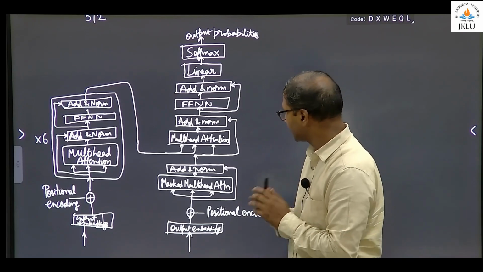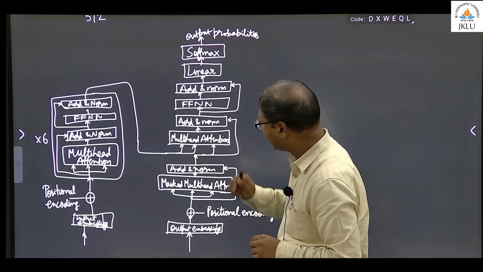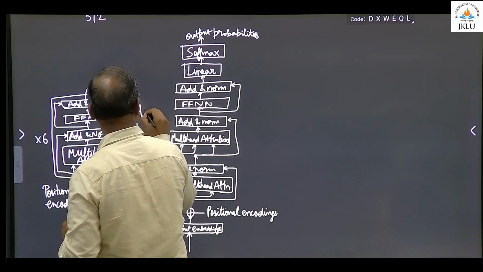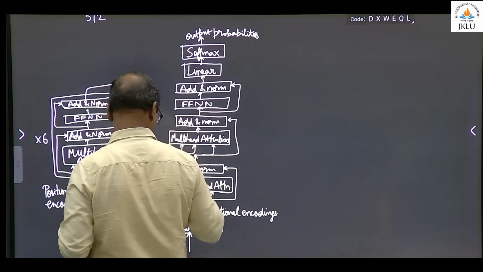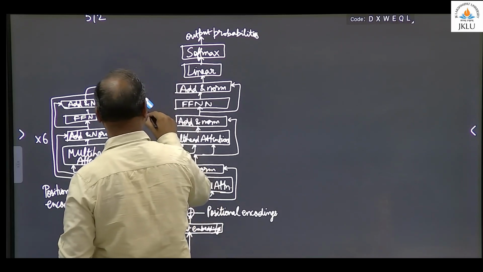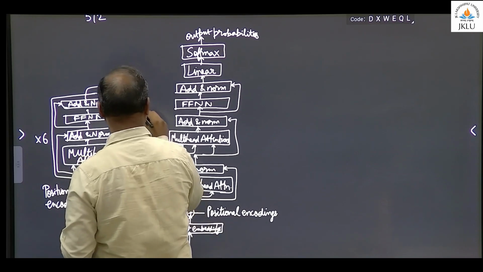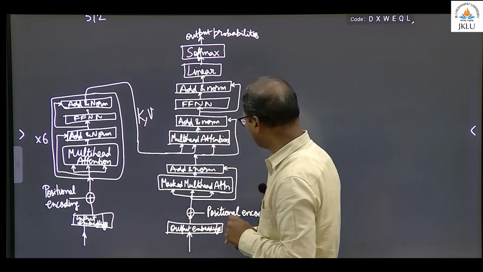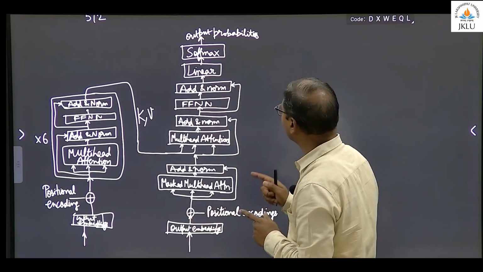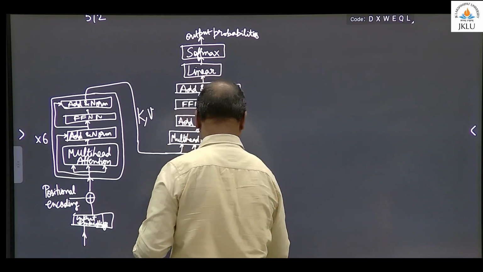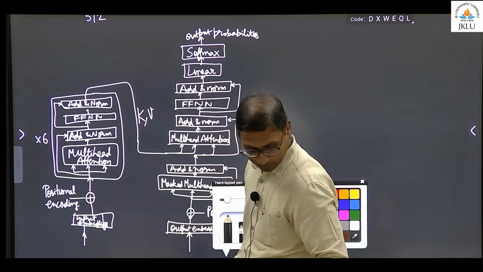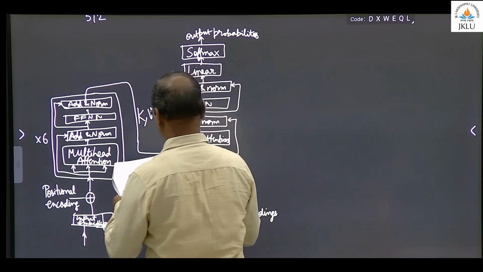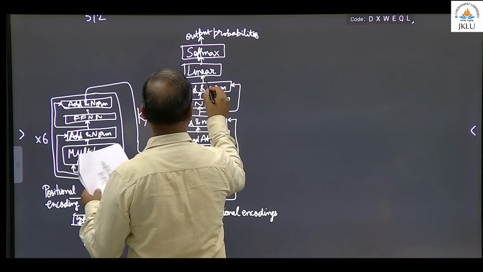Now, this thing is not connecting here. So what you have is Q and sorry, not Q, K and V's will be coming from here, and this is your encoder output, before linear.